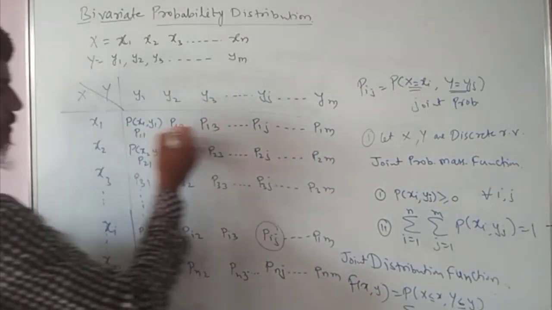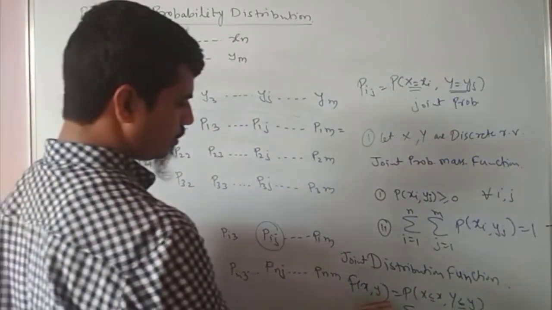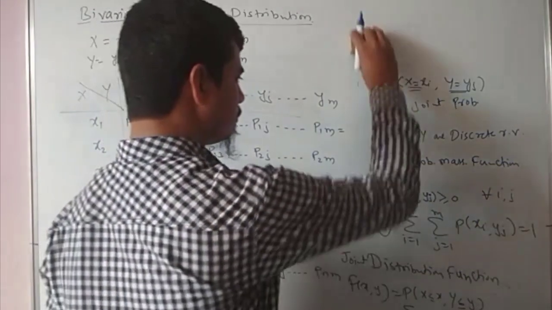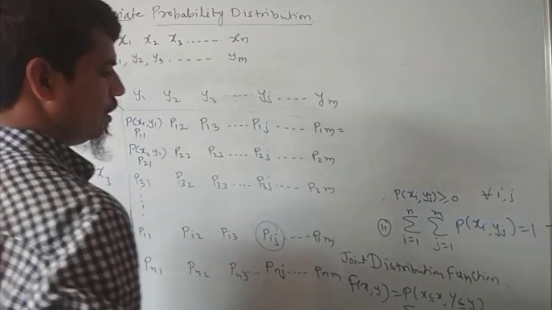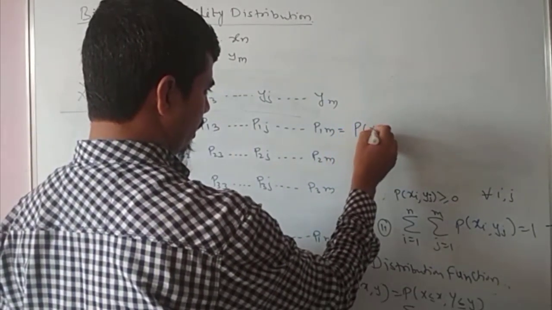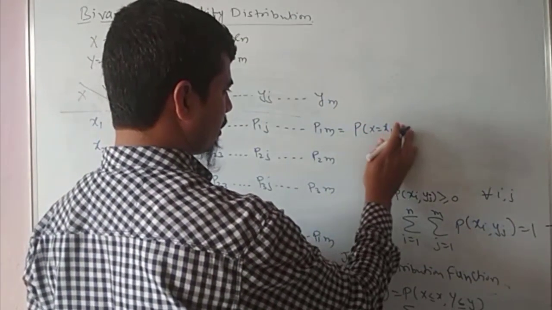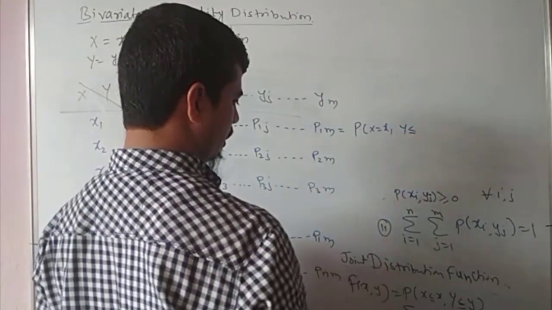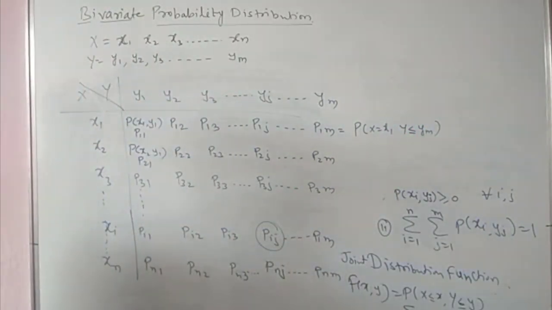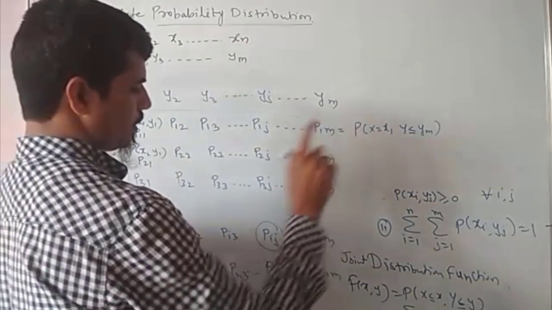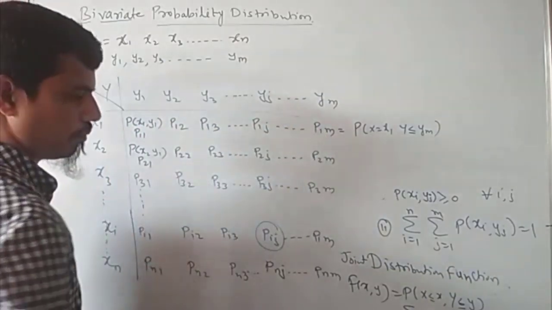If we take the sum of the first row, how can we denote it in terms of this joint probability distribution? It's P of X equal to x1, where capital Y is less than or equal to ym. So P of X equal to x1 is common in all these, and Y ranges over 1 to n.